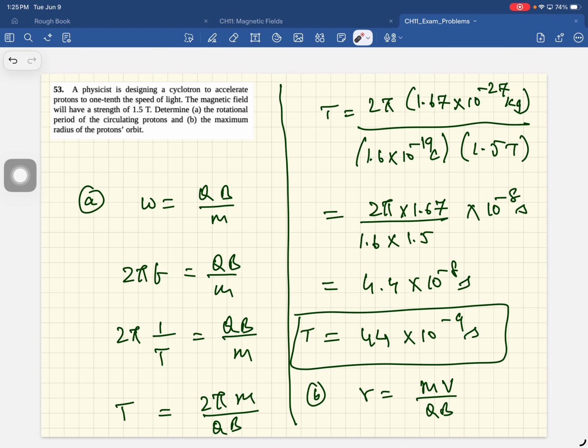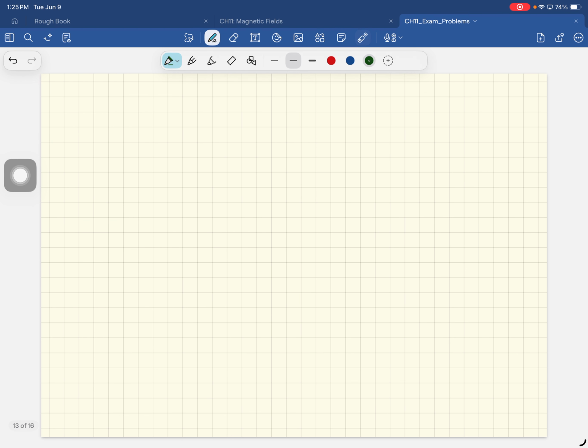What is the separation between their paths? So 16 hits here, 18 hits here. They're asking this separation.